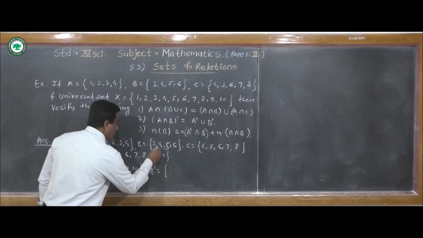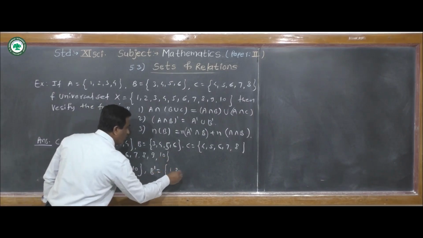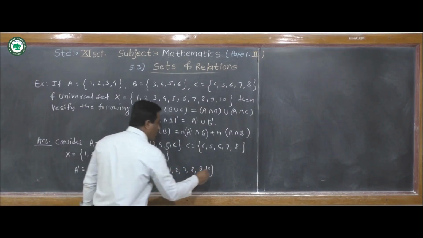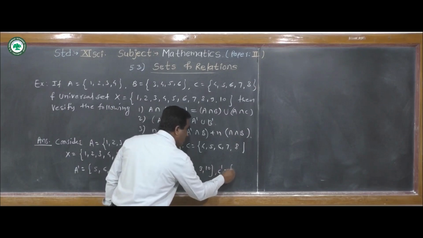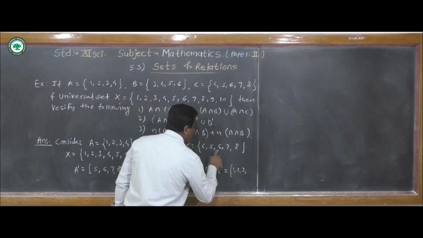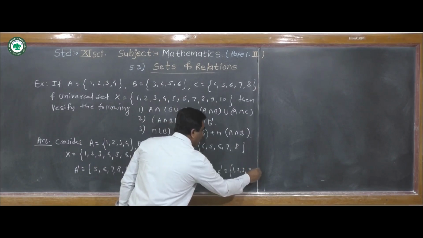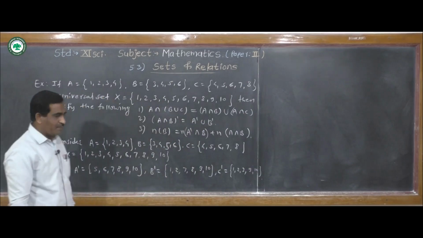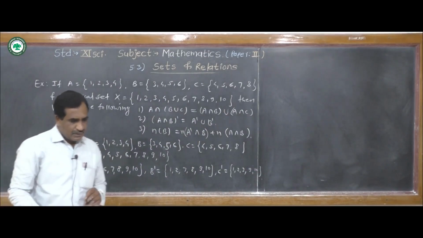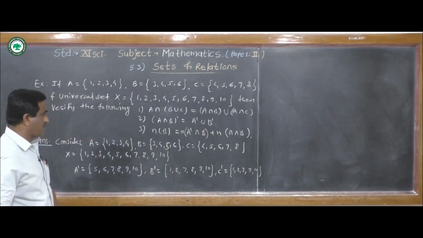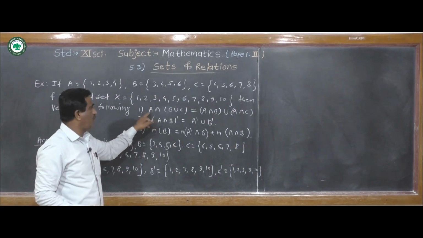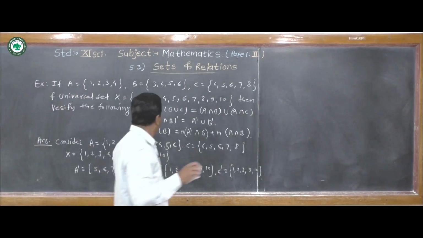Complement of set B contains elements 1, 2, 7, 8, 9, 10. And complement of set C, C dash, is equal to, in curly bracket, 1, 2, 3, 9, 10. These are the complements of given sets A, B, C. Complement sets A dash, B dash and C dash. Okay. Now first we have to verify this De Morgan distributive law. Distributive law.